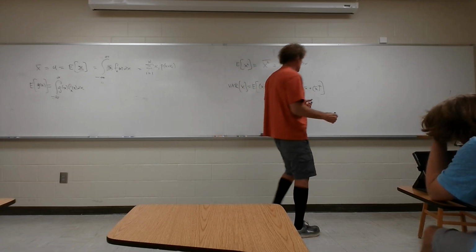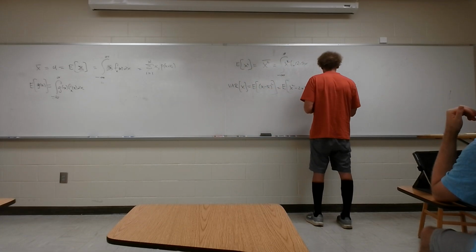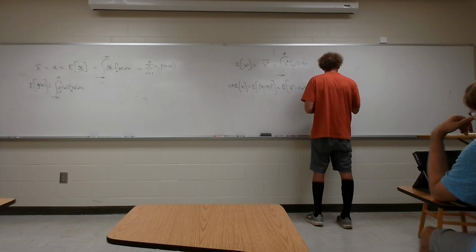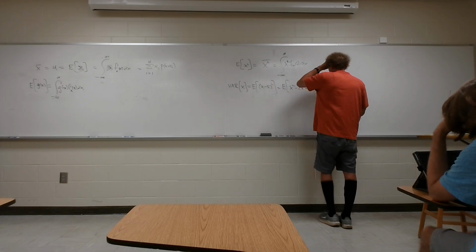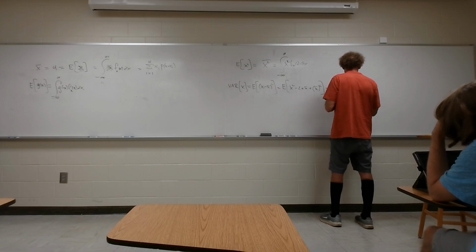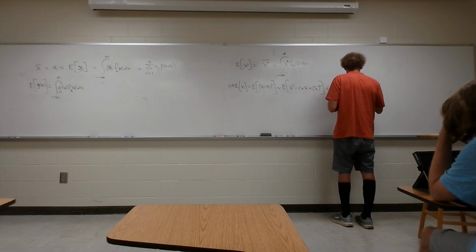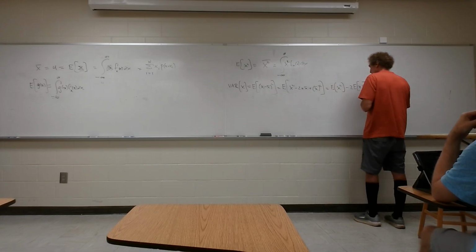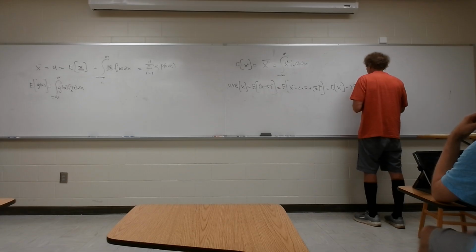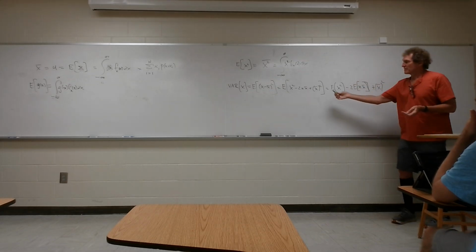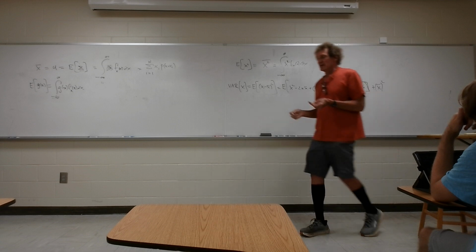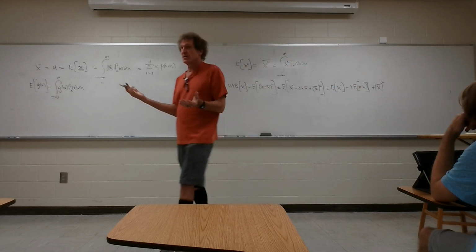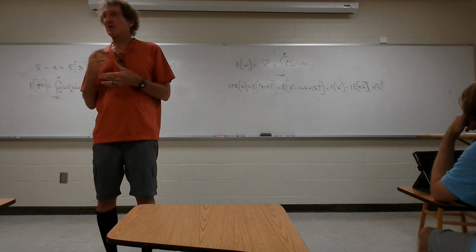So I can say that this, in fact, is the expected value of x squared minus 2 times the expected value of x times x bar, and then plus just x bar squared, because the expected value of a constant, without ever saying it, the expected value of 2 is 2. It's a constant. Do you follow me?